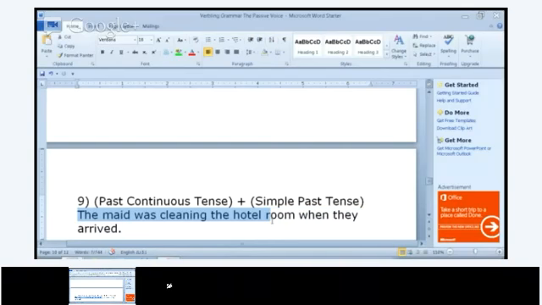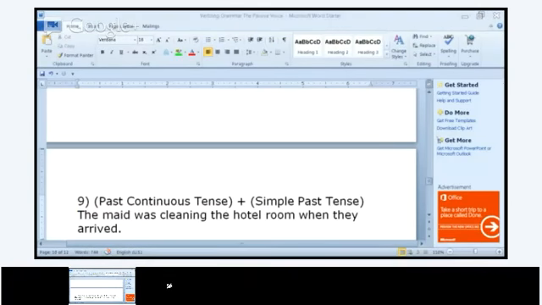And we don't need to change the last clause when they arrived. So how are we doing? Sorry, I'm going to go back. And I'm looking in the chat box for some ideas on how you can express this idea in a negative form and how you can express this idea as a question.